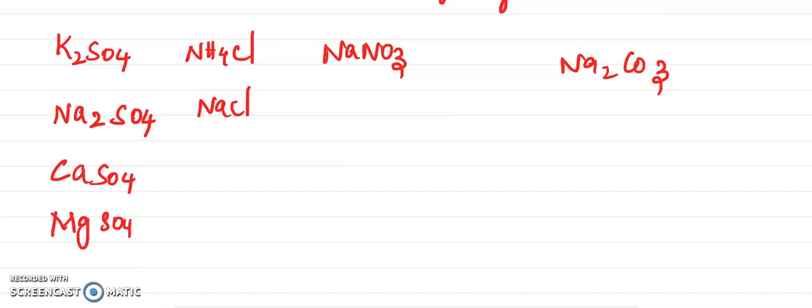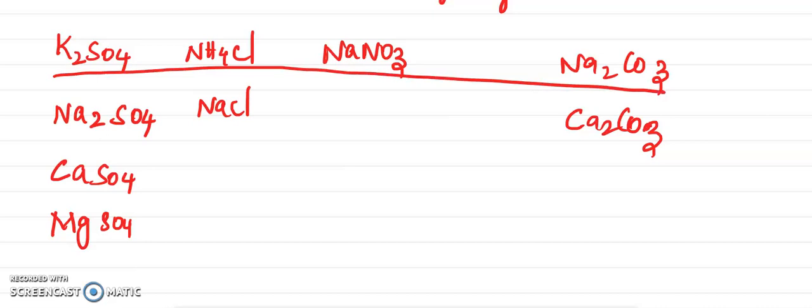Fine. If you see this, I have written all the chemical formulas. In the first line, potassium sulfate is there, ammonium chloride is there, sodium nitrate is there, and sodium carbonate also.